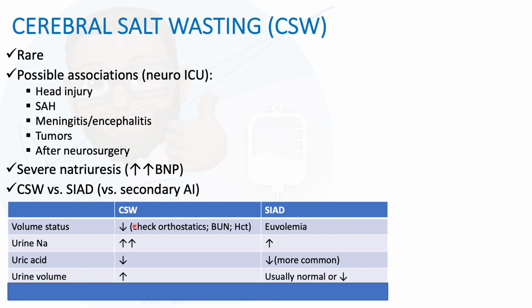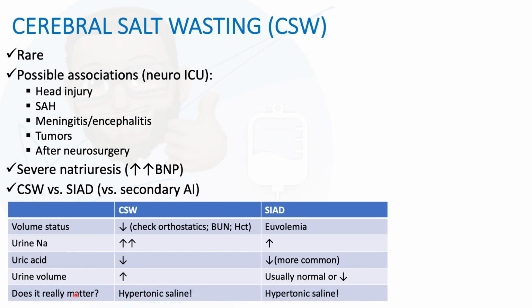Urine volume might be increased in cerebral salt wasting because of the loss of salt and water. It might not be the case with SIADH, so it might be normal. Urine output might be normal or low. And then, as we said, these patients might be sick. Most SIADH patients are not really sick, except if they're having SIADH from these severe conditions. So in these situations, when the patient is sick, having a lot of neurological issues, and the sodium is low, you might need to start with hypertonic saline to elevate the serum sodium a little bit quicker to prevent complications, like we talked about in the first video.